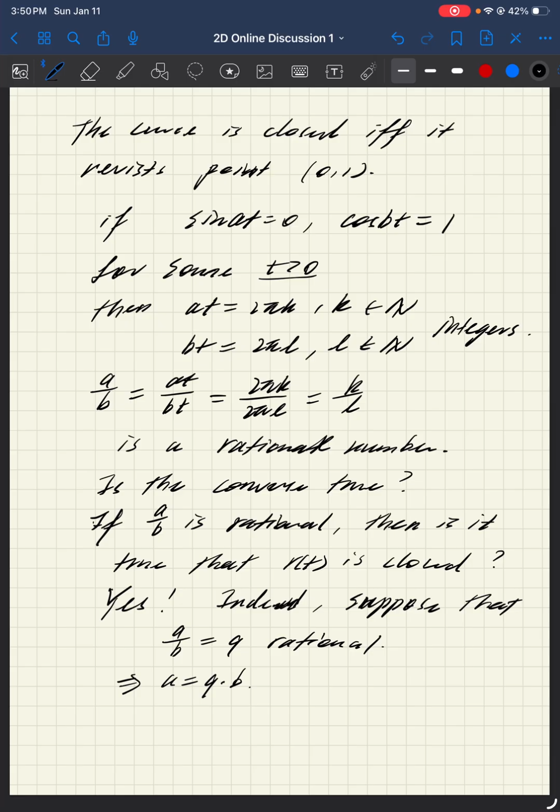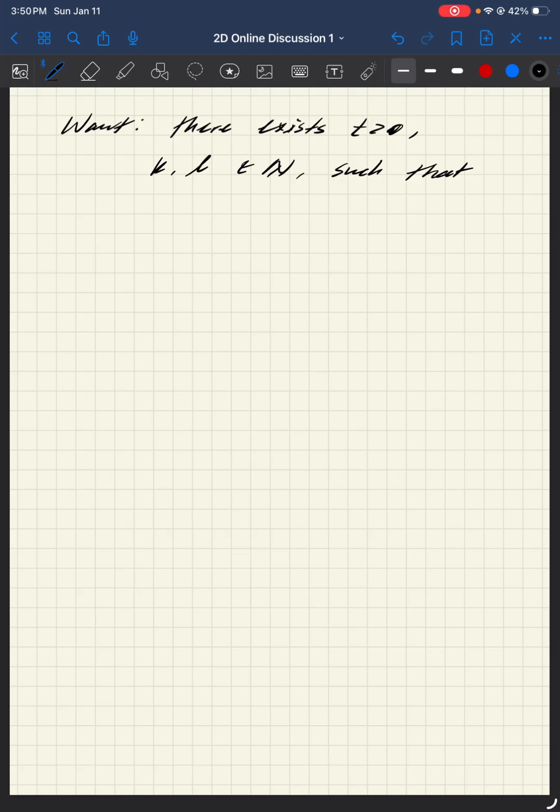And I want to show that this curve repeats, which means there exists t larger than 0, and integers k and l such that at equals 2 pi k and bt equals 2 pi l.